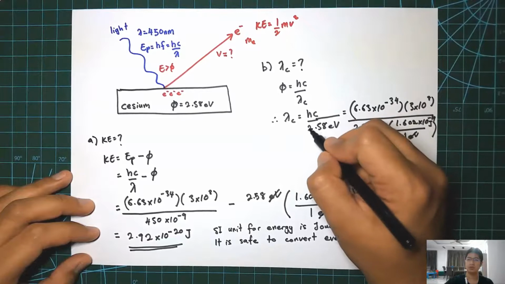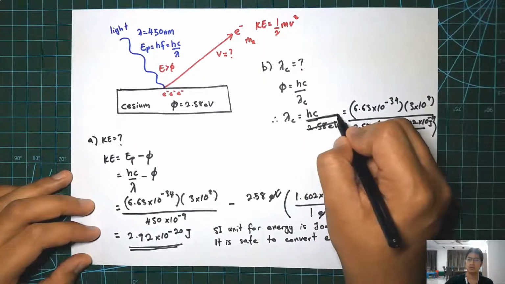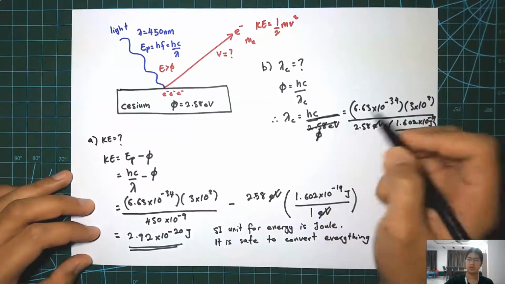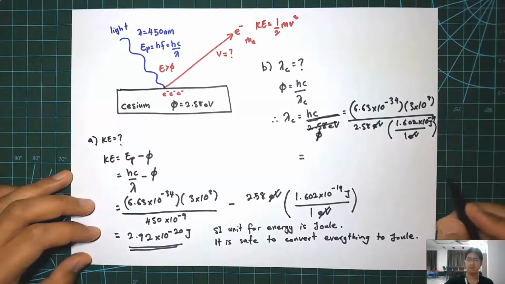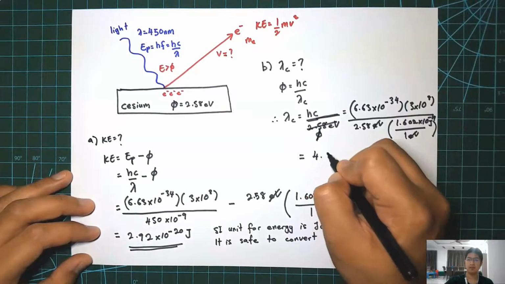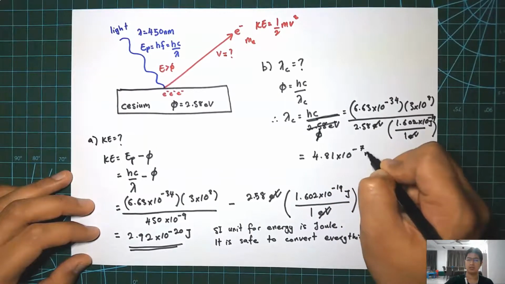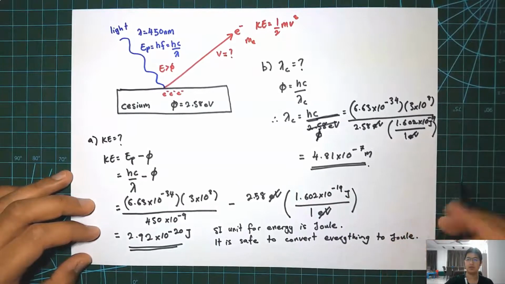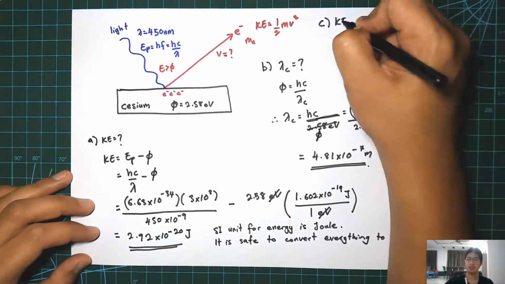It is actually better for you to write the symbol rather than the value there. And the value for the cut-off wavelength is 4.81 times 10 to the power of negative 7 meters.